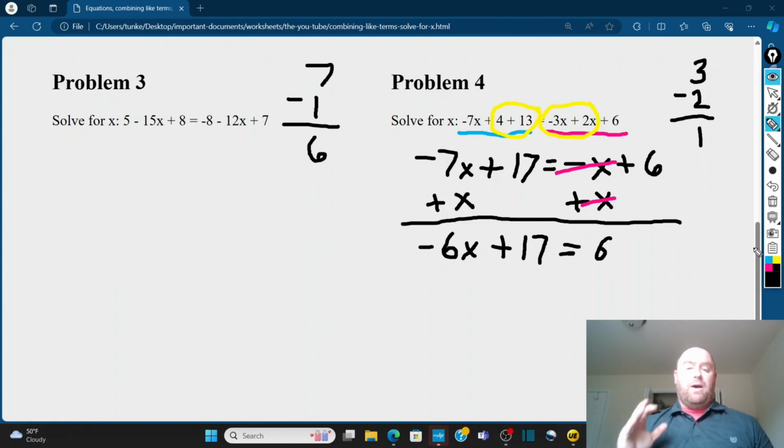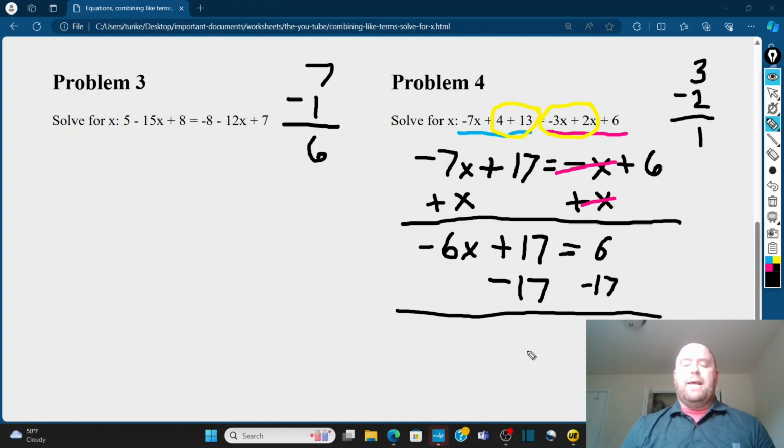Okay, so now what we need to do is we need to get rid of the plus 17. We can do that by subtracting 17 from both sides. And on the left-hand side, the plus 17 and the minus 17 will cancel out.